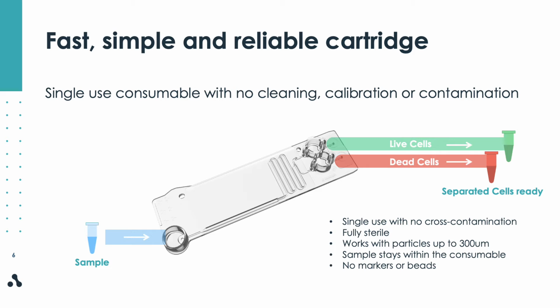This is how the sample is effectively pulled through the cartridge, and these two ports are completely isolated away from the actual volume of the sample. What this means is that run to run, there's no aerosols, everything stays in liquid form, and there is no cross-contamination because the vacuum ports are completely separate away from the actual sample.